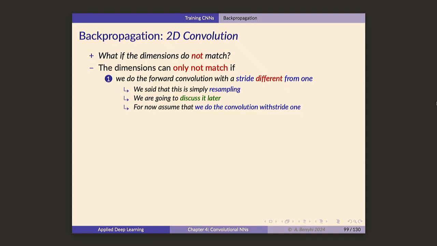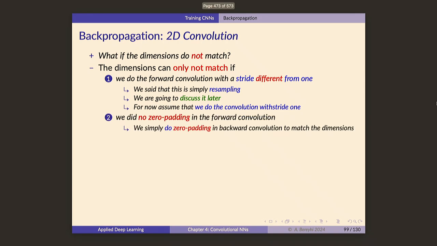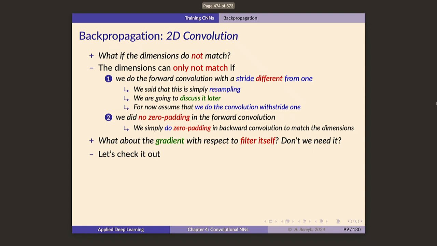So if it is just a problem you want to implement, you look at the dimension at the input, you look at the dimension at the output. Assuming that this stride is 1, you always can do zero padding to fix it, okay? So that thing is not going to happen because you always can do zero padding as we did in the example.